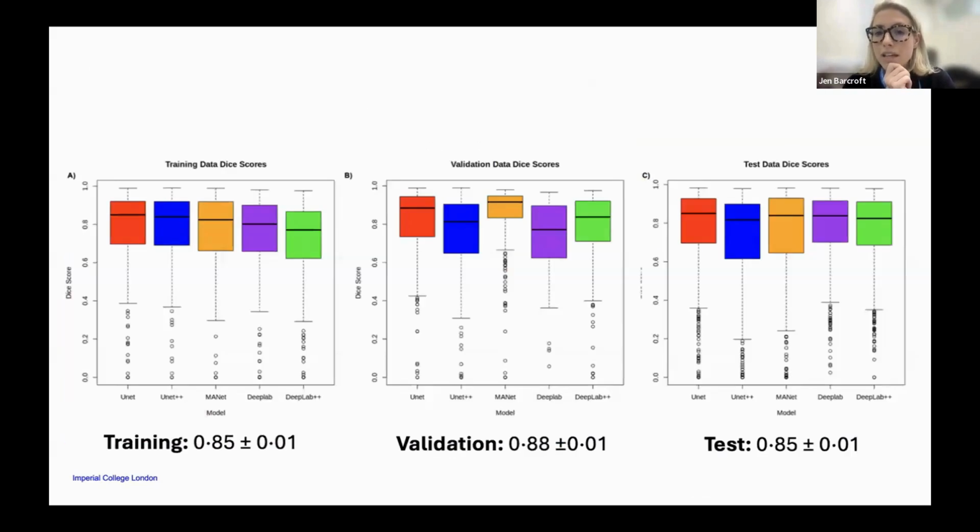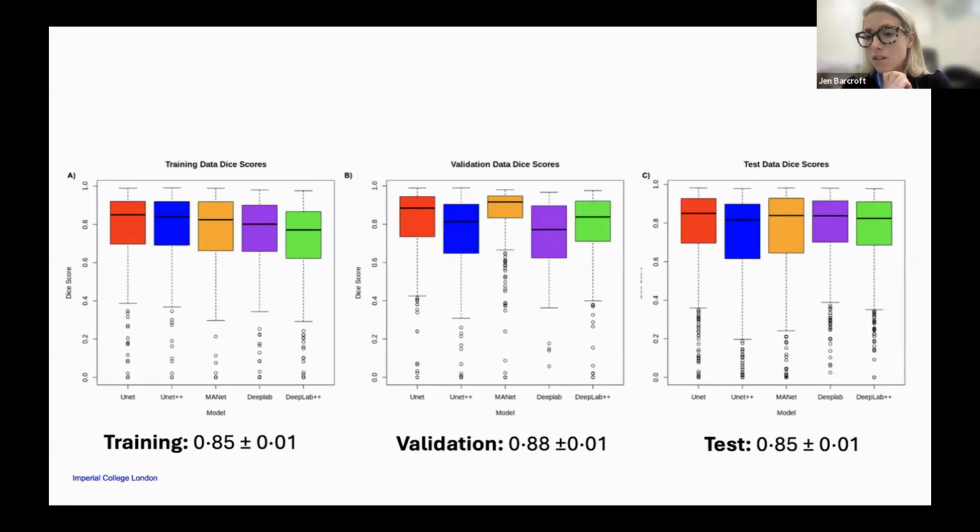So then moving on to looking at performance. The first step of the end-to-end model is working out how good the deep learning model is at working out where the lesion is. As we talked about earlier, we're looking at overlap metrics, and this is the DICE score. And Chris looked at various different segmentation models.